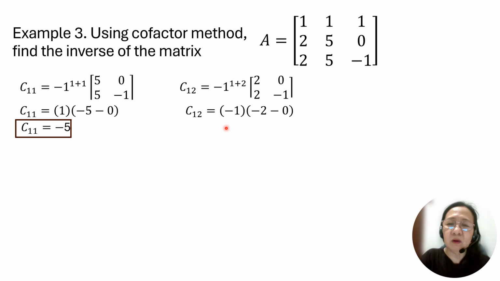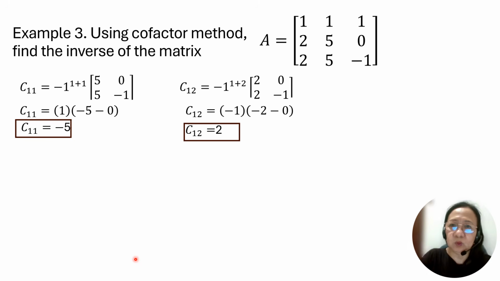That's why we have here a negative 1. Then simplify this part. 2 times negative 1 is negative 2, minus 2 times 0 is 0. That is now a negative 2 times a negative 1. That's why we have here a positive 2. So C sub 12 is positive 2.